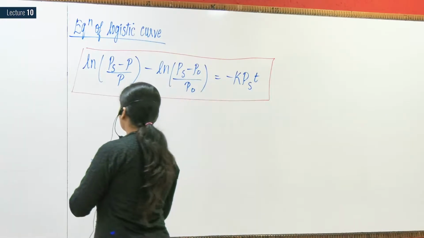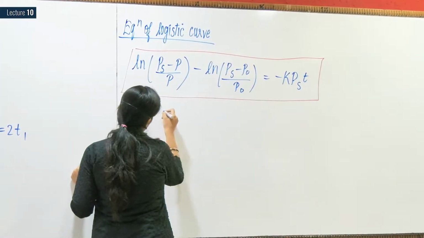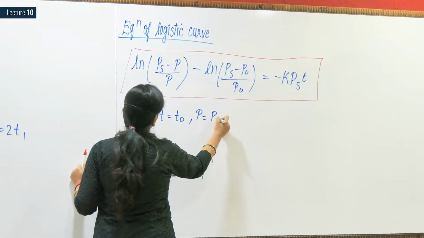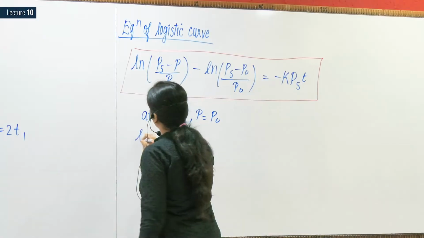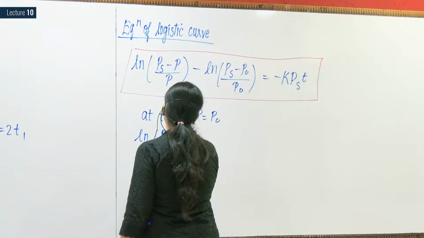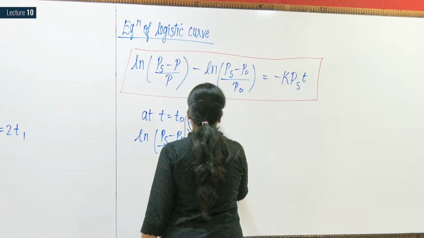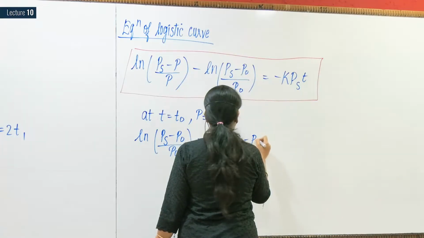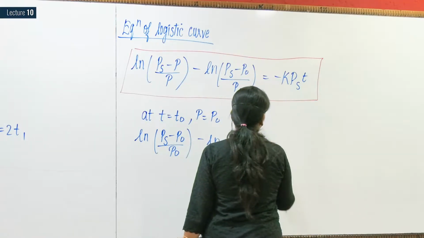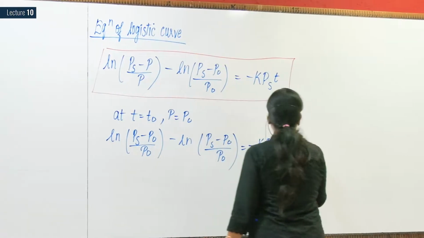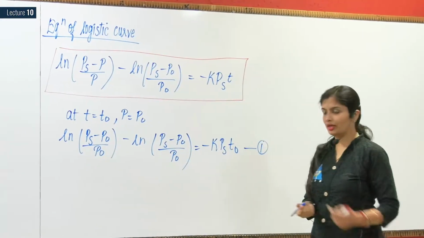What are those 3 equations? At T equal to T0, P is P0. So we'll substitute the values: log (PS minus P0) upon P0 minus log (PS minus P0) upon P0 equals minus K PS T0. This is equation number 1.